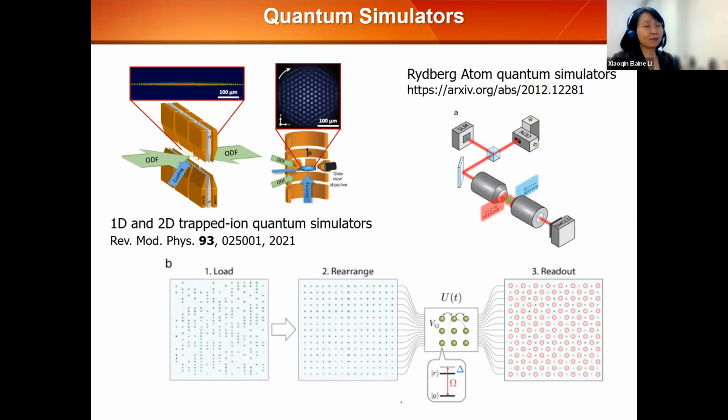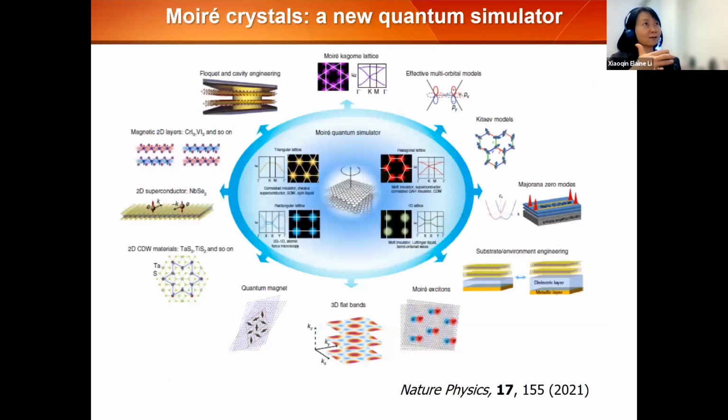But one can hypothesize that now with a regular array of confined electrons, holes, or excitons, we can reclaim some of that quantum simulation area and use Moiré crystals as intermediate quantum simulators to emulate a lot of phenomena that we've studied in solid state, but in a different regime, a different platform.